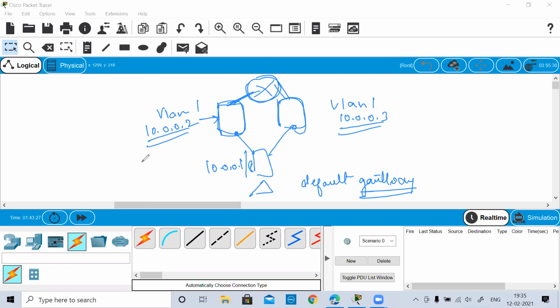The meaning of gateway redundancy is that you're trying to create a virtual gateway.